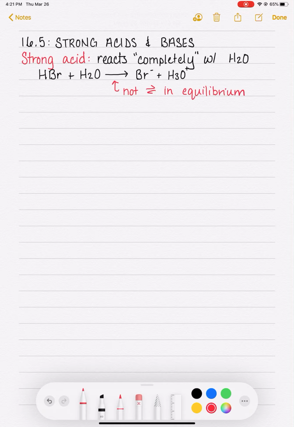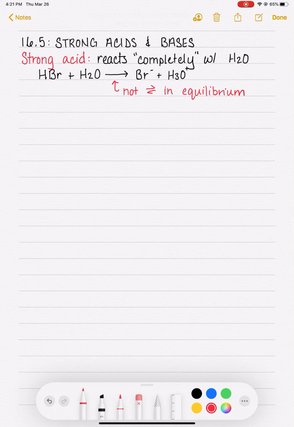And that's what it means to be a strong acid. When you put the substance in water, you get a forward arrow reaction, not an equilibrium reaction, 100% conversion of the acid and water to the products of the reaction.